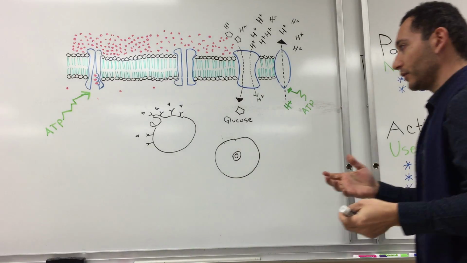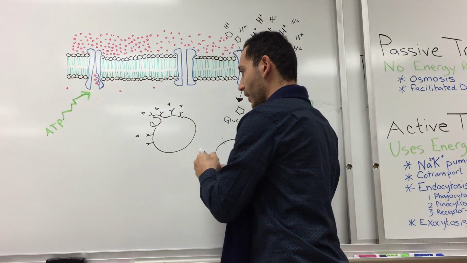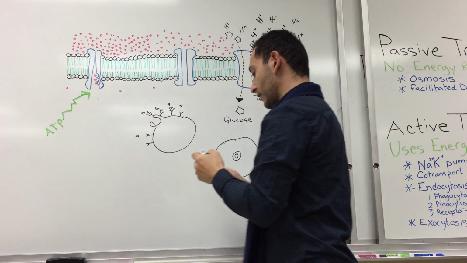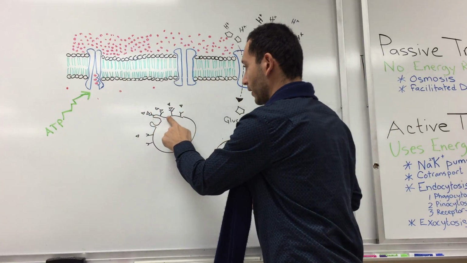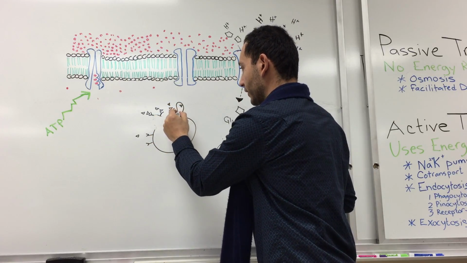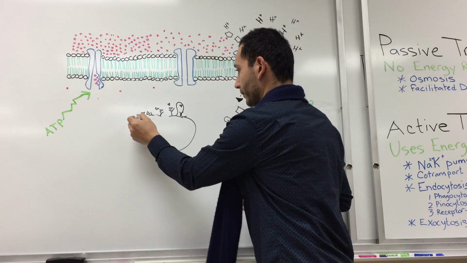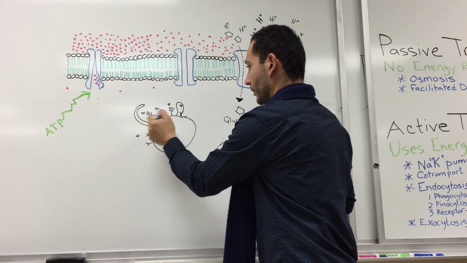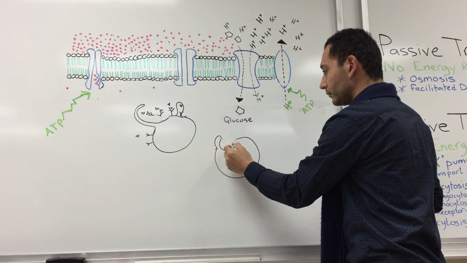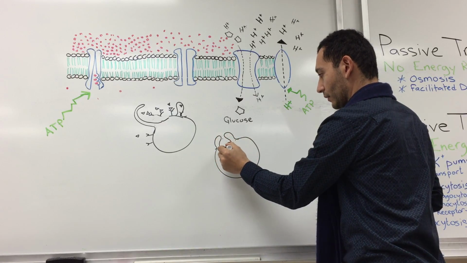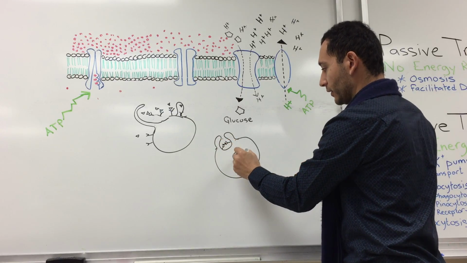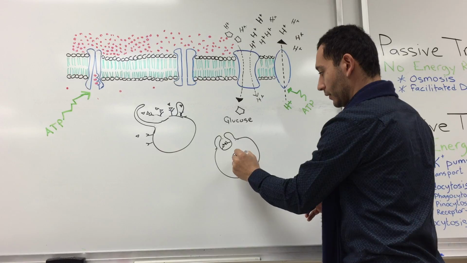They don't know how to do that without these receptors. When these little molecules bind, that allows the cell to know, okay, let me take this in, and so the cell begins to engulf these, and eventually it'll look like this, and eventually it'll look like that.